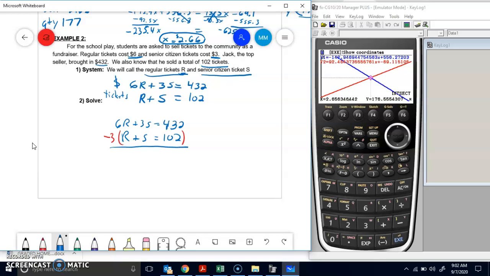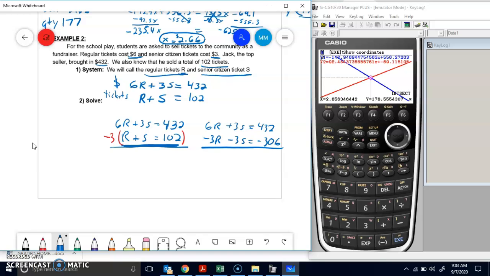So that gives me in the top equation 6R plus 3S. I didn't change that. And then this one I have -3R minus 3S equals -306. And again, I'm multiplying the entire equation by -3.